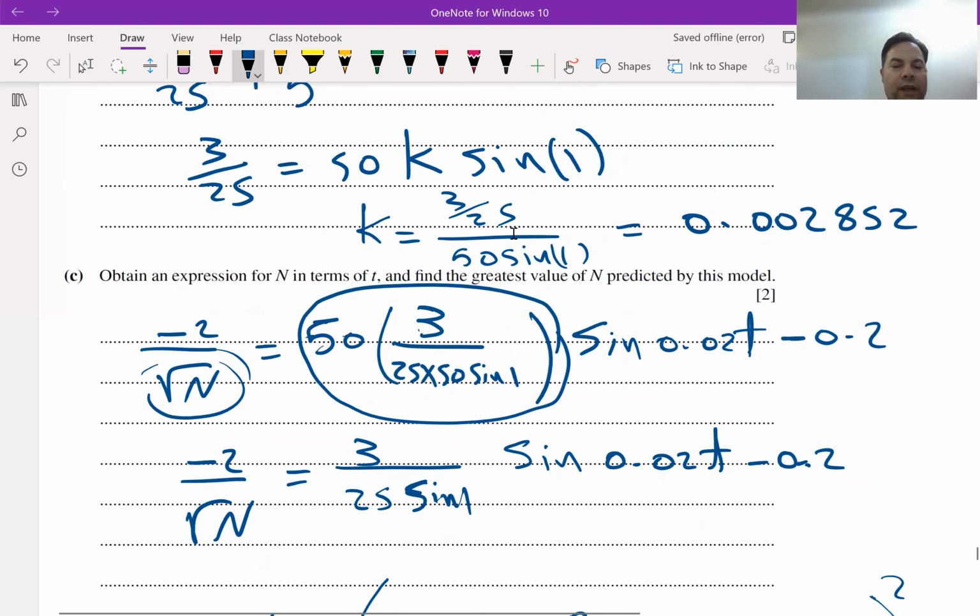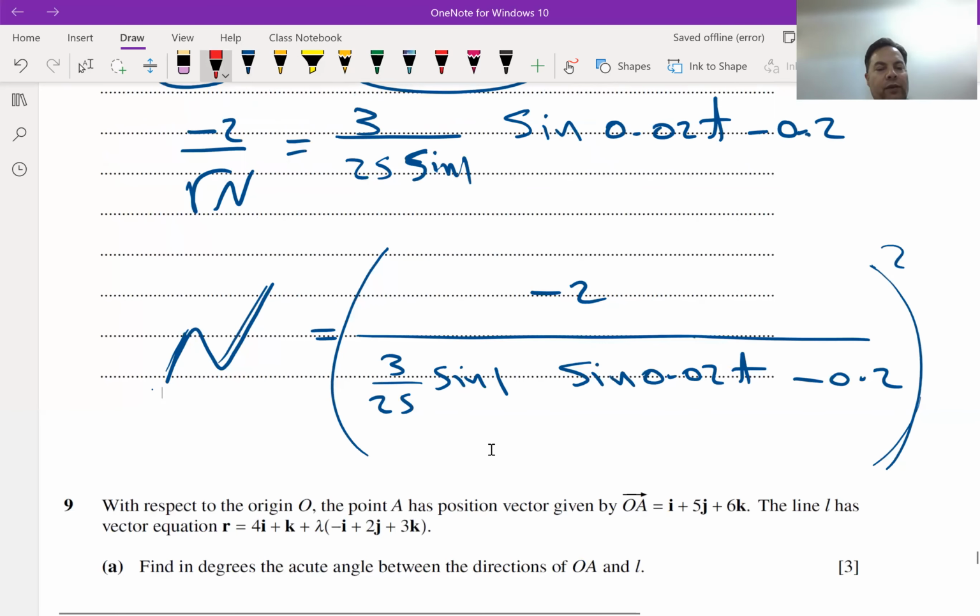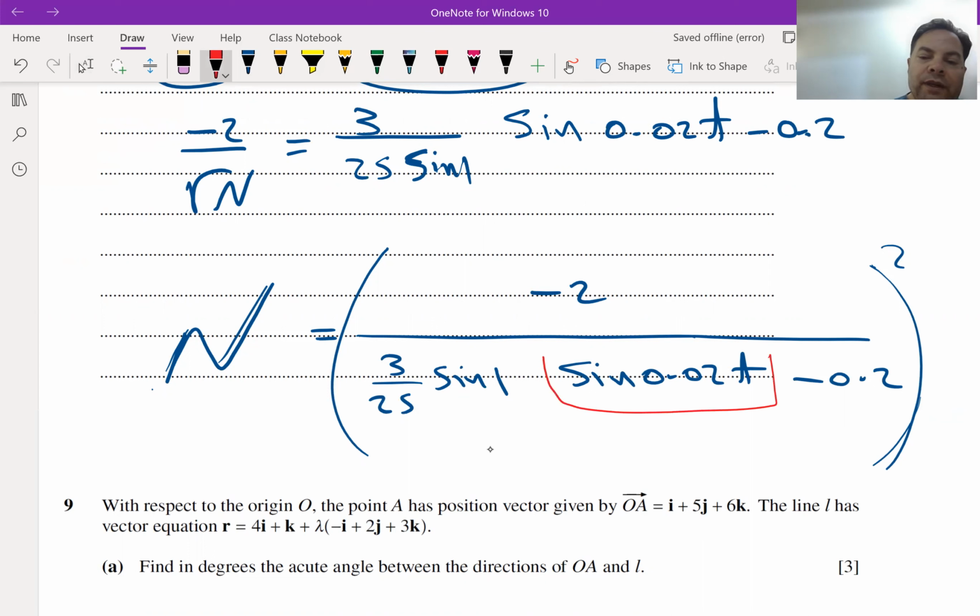Find the greatest value of n predicted by this model. For the greatest value of this model, look at the denominator after squaring both sides. The greatest value of sine 0.02t happens when the whole part is equal to 1.